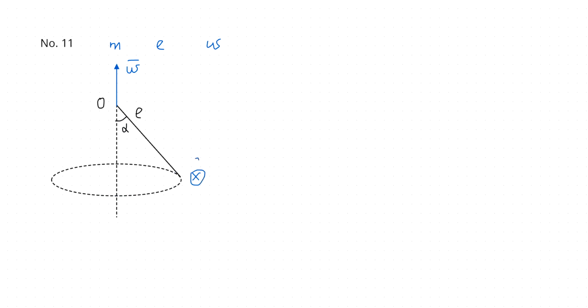There will be some direction from us to the screen. This cross means that we have a vector that is perpendicular to the screen and directed away from us.